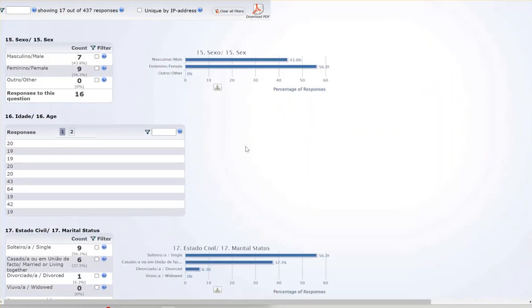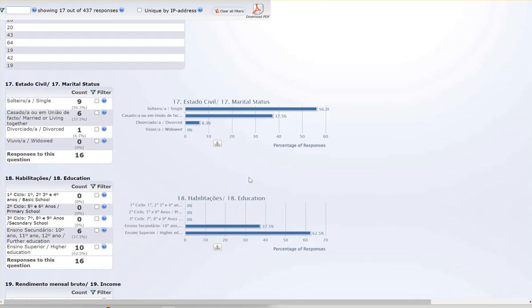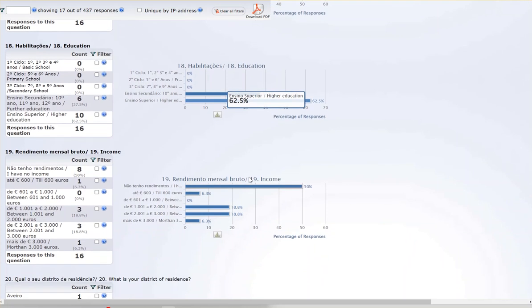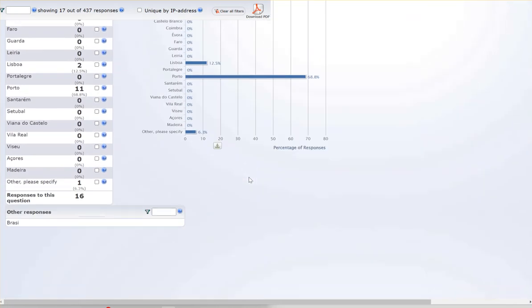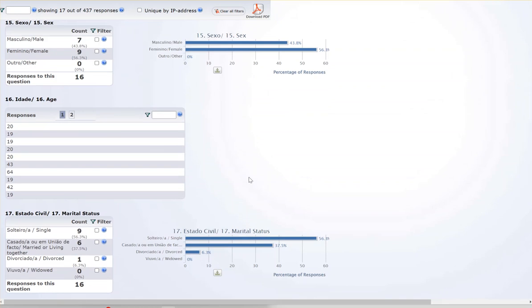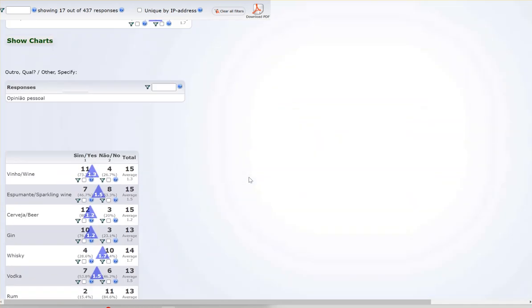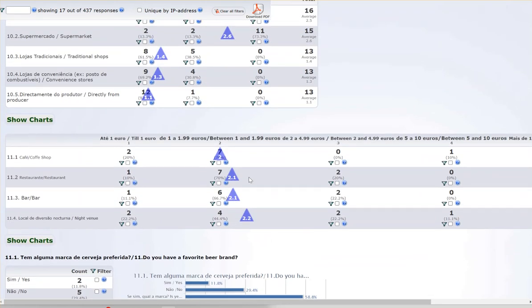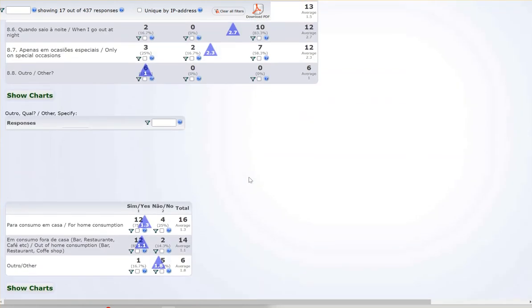As you can see here, you can have an idea of the ages of the people on this profile, and you can see that they are mostly above 35 years of age. They are mostly single and have higher education, and other things about them in terms of socio-demographic characteristics.